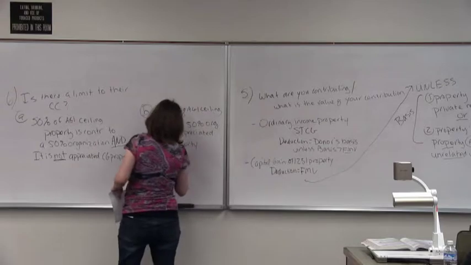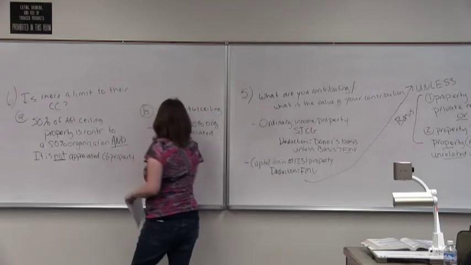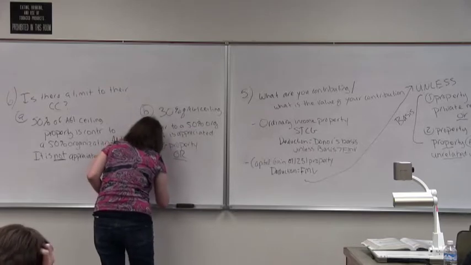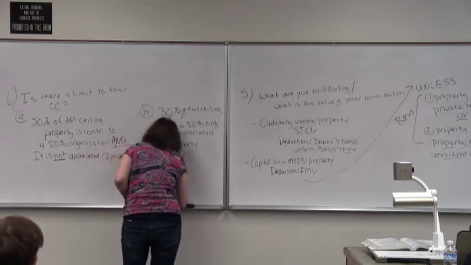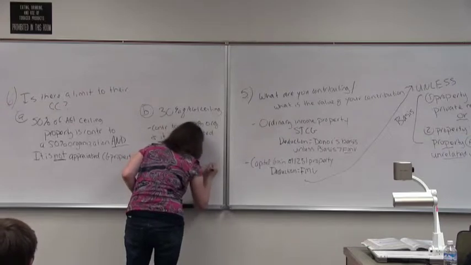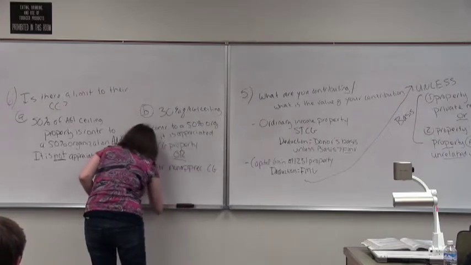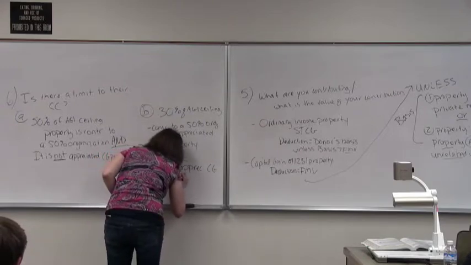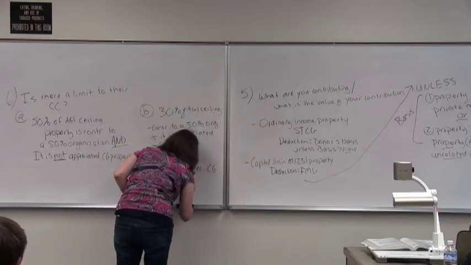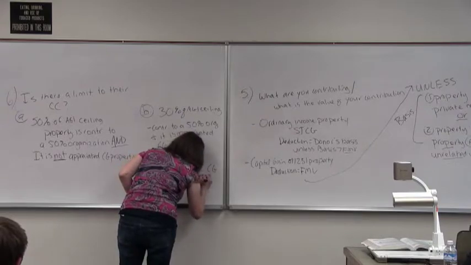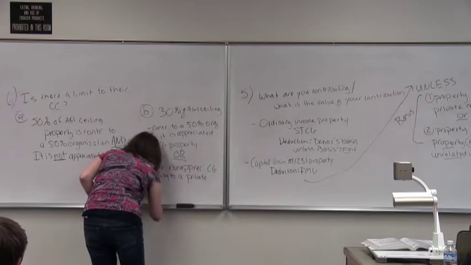Or, there's 2 ways you could fall into the 30% ceiling. The second way is if you are contributing non-appreciated capital gain property to a private non-operating foundation.